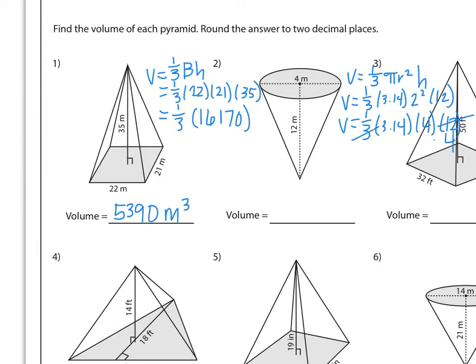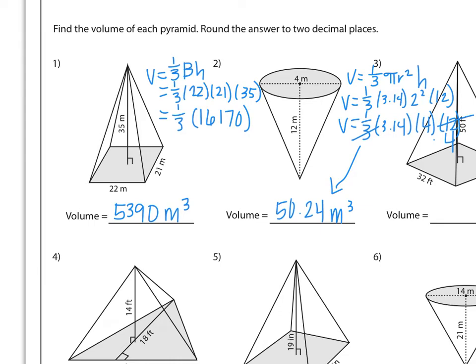So I just simplified that a little bit. So I got rid of that fraction. So now I just multiply all my numbers together. 3.14 times 4 times 4. And the volume of that is going to be 50.24 meters cubed. Again, because we're doing volume, volume is 3-dimensional.